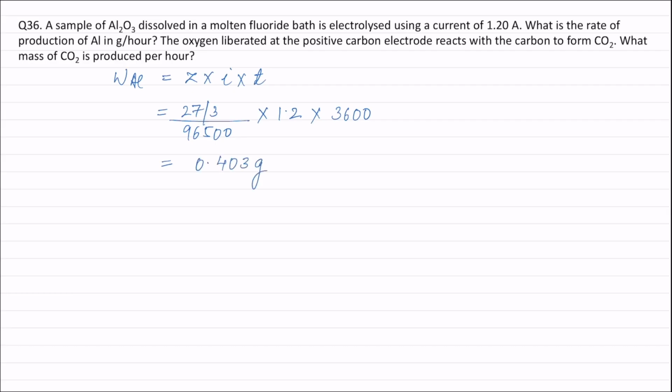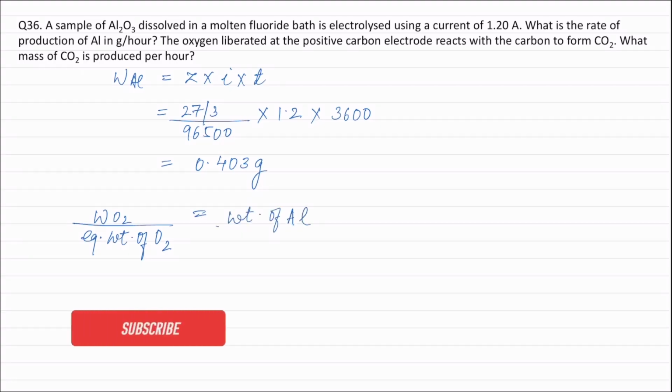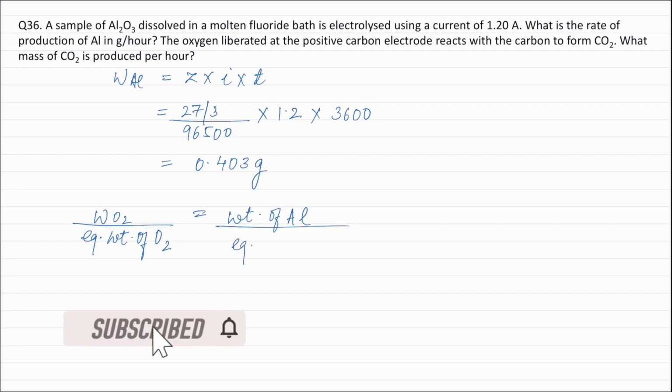Now applying the formula, weight of oxygen divided by equivalent weight of oxygen is equal to weight of aluminium divided by equivalent weight of aluminium. Now equivalent weight of oxygen is equal to 8 grams.